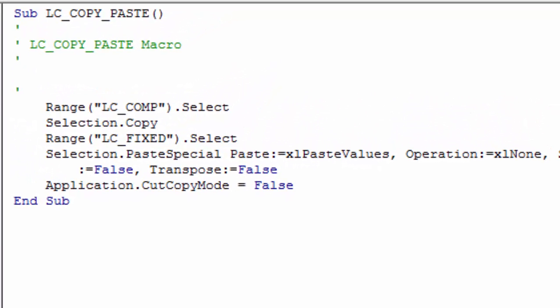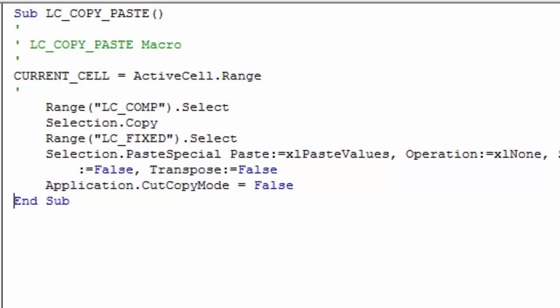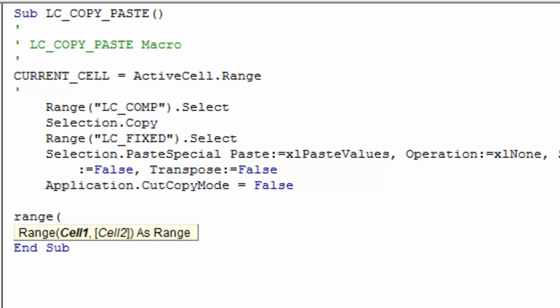Now, what we can do also is, this was irritating that it was going to the wrong place. So we can put current cell equals active cell dot range, and then at the very end put range, and then put current cell dot select.